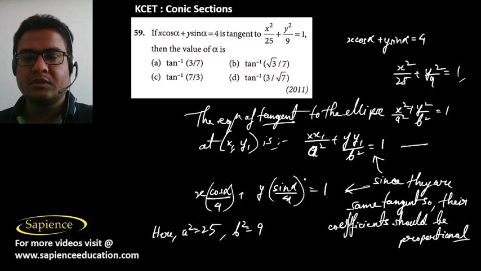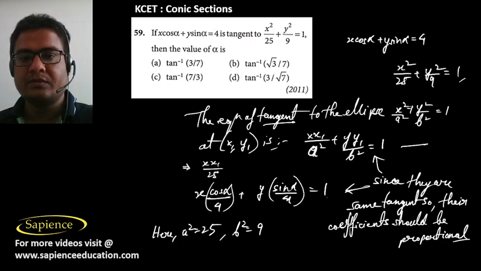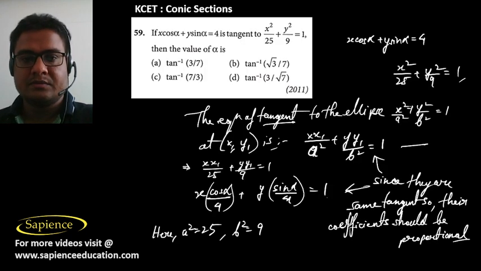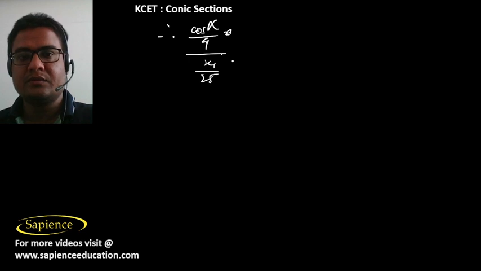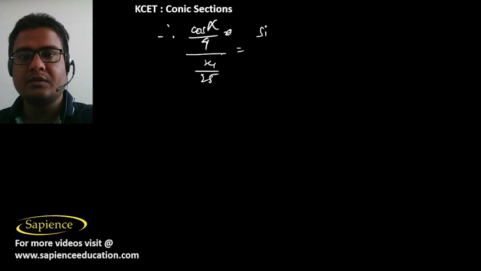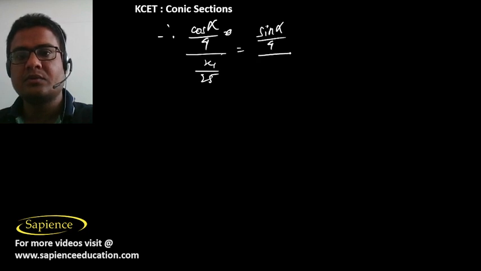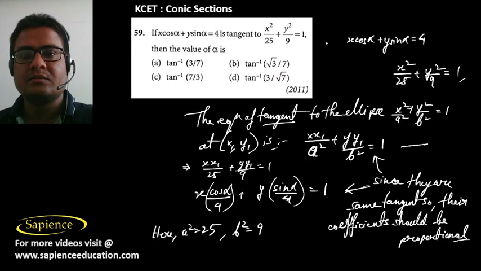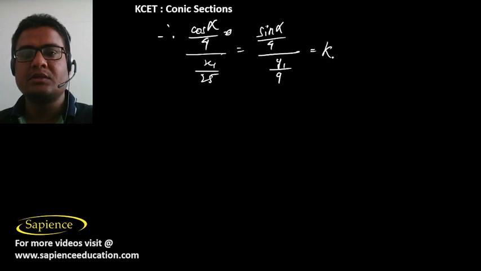So therefore the equation of the tangent will be xx1 by 25 plus yy1 by 9 equal to 1. So we can say that cos alpha by 4 divided by x1 by 25 is equal to sin alpha by 4 divided by y1 by 9, which is equal to some constant k.